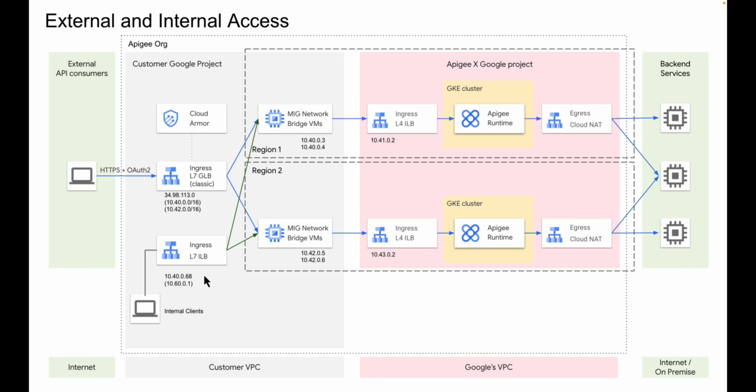You have 99.99% of availability versus 99.9 in case of a single region. So not only for external but also for internal traffic, you can assure high availability, which is something very common in an Apigee production organization.